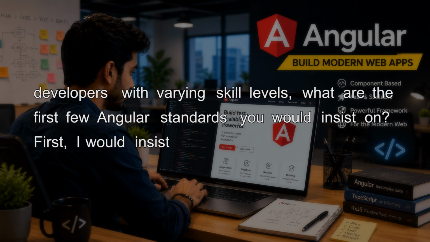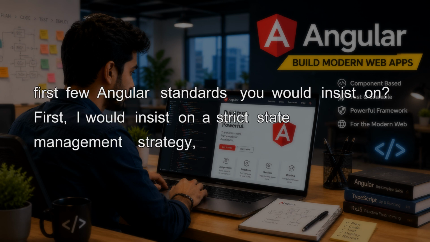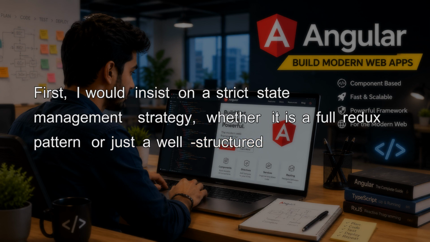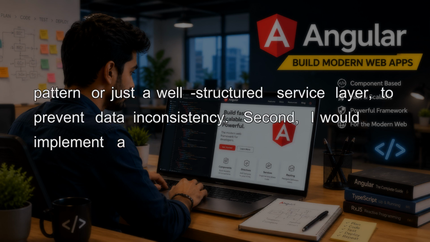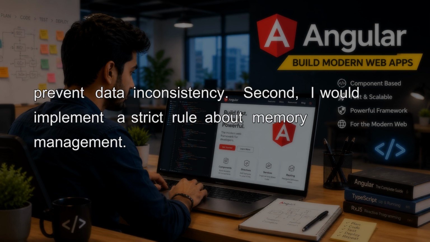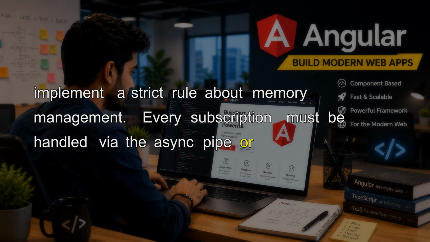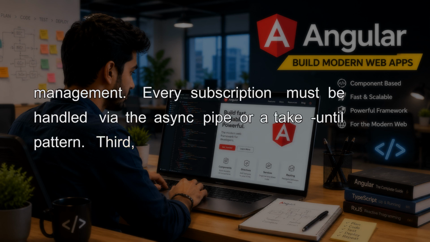First, I would insist on a strict state management strategy, whether it is a full Redux pattern or just a well-structured service layer, to prevent data inconsistency. Second, I would implement a strict rule about memory management. Every subscription must be handled via the async pipe or a takeUntil pattern.